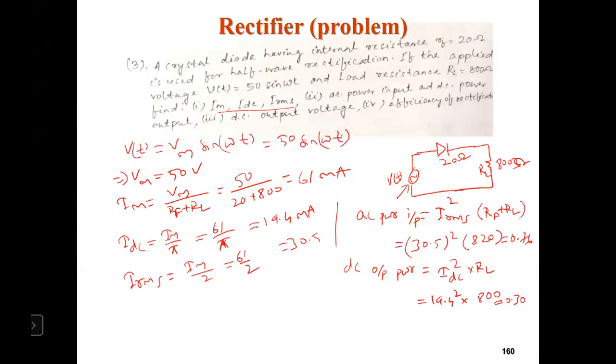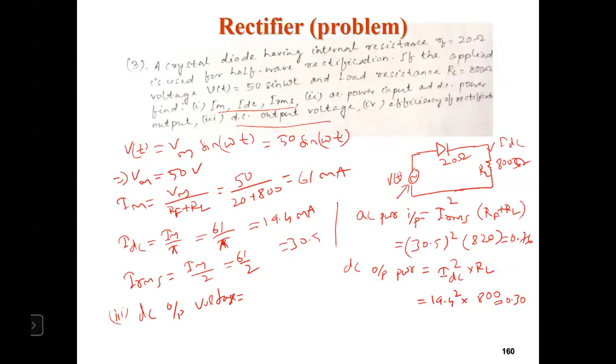Next one is find the DC output voltage. How much will be the DC output voltage? Vm by pi. You can also say IDC into RL, because you know this current, IDC current is already calculated.